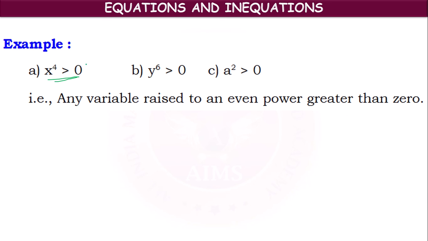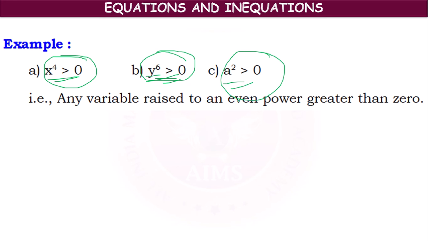Like x power 4 greater than 0, y power 6 greater than 0, a square greater than 0. Base quantities raised to even exponents, even powers, are all considered as absolute inequations.